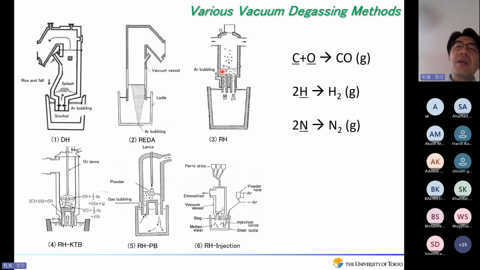The degassing reactions for hydrogen and nitrogen are achieved within this tank degasser. Nowadays, the modern RH process is installed with many refining functions using lances or fluxing equipment. Anyway, we have many modern RH processes, and this is still quite a common process in the world.